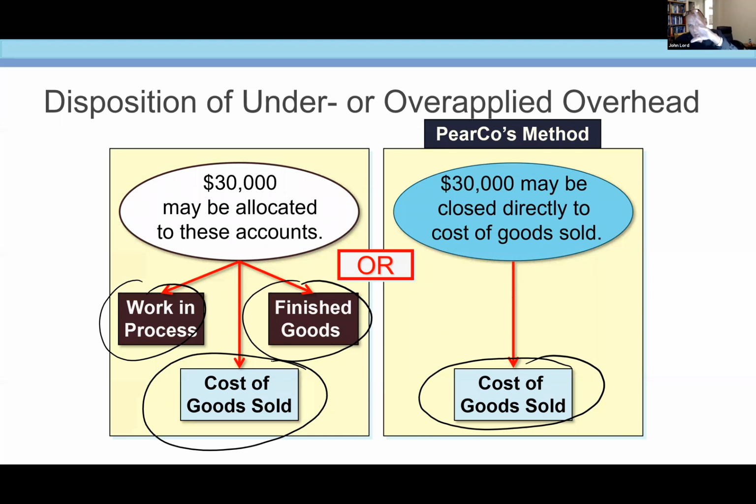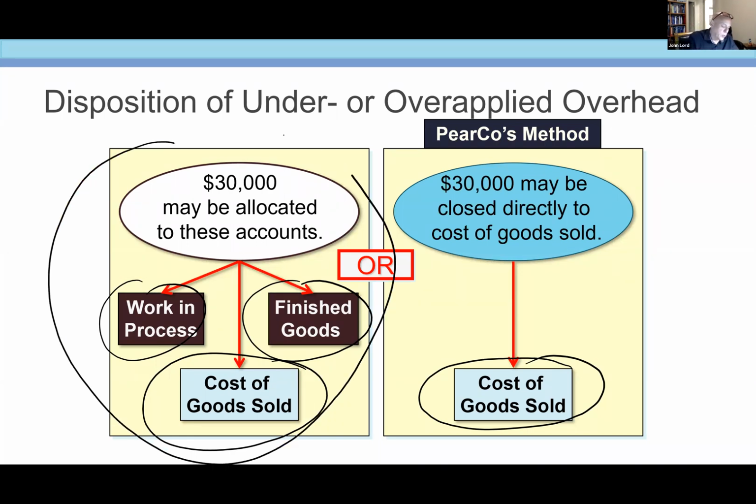Some of those under or over applied overhead costs are sitting in finished goods if the goods haven't been sold yet, and some, maybe the goods were actually sold and it belongs in cost of goods sold. I don't want to get into all this in this class. If this was a cost accounting class for accounting majors, I might say, okay, let's go for it, because this is an accountant's folly over here. I just want you to understand how it affects cost of goods sold, right?